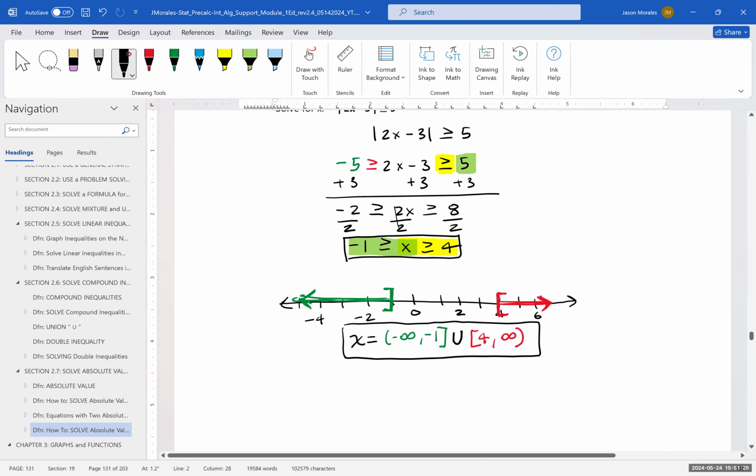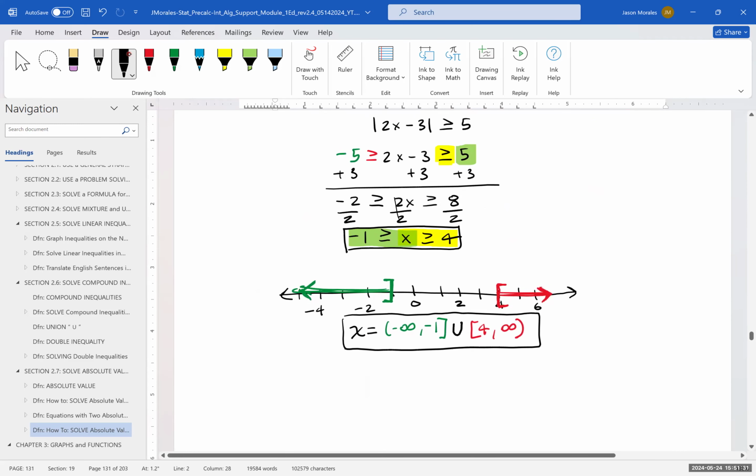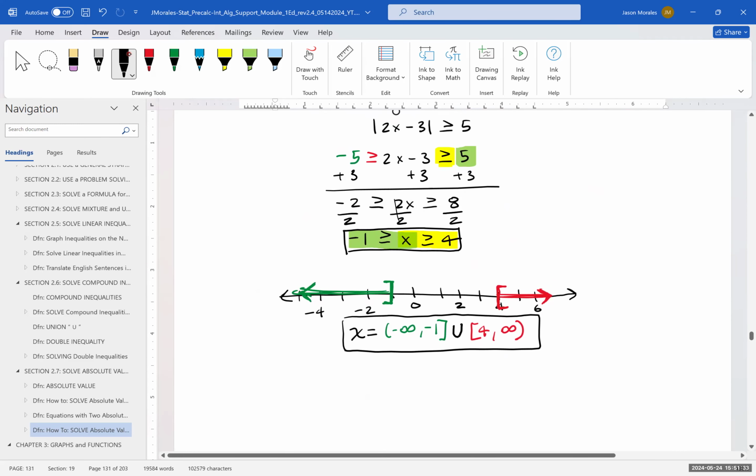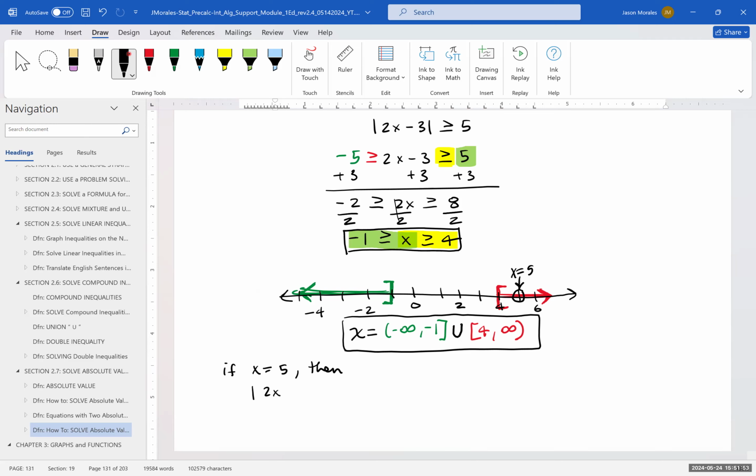To check to see whether this is correct, we can plug in some values. So for example, if we plugged in x equals 5, right? x equals 5 is right here. That's in one of our solution domains. So we can say if x equals 5, then we've got the absolute value of 2x minus 3 is greater than or equal to 5. We'll put 5 in for x.